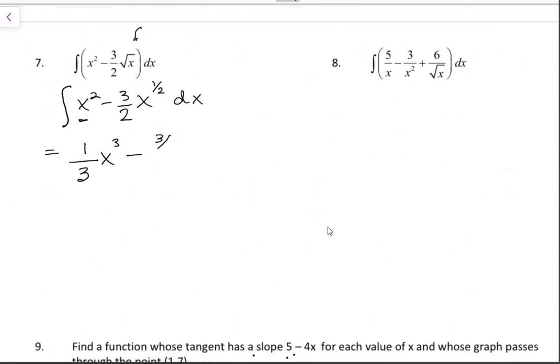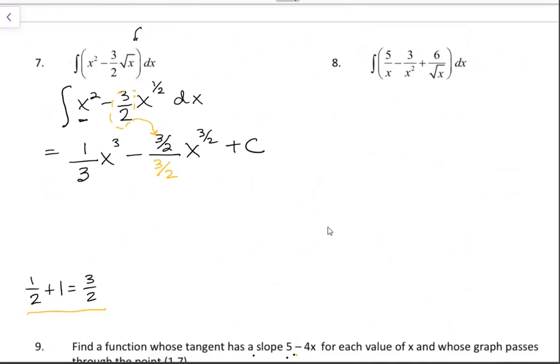So I'm going to write my coefficient here over, now exponent plus 1. So remember, 1/2 plus 1 would be 3/2. So my coefficient is 3/2, and I'm dividing by the exponent plus 1, which is also 3/2. And what I divide by becomes my new exponent, so it's x to the 3/2, and then don't forget your plus c.